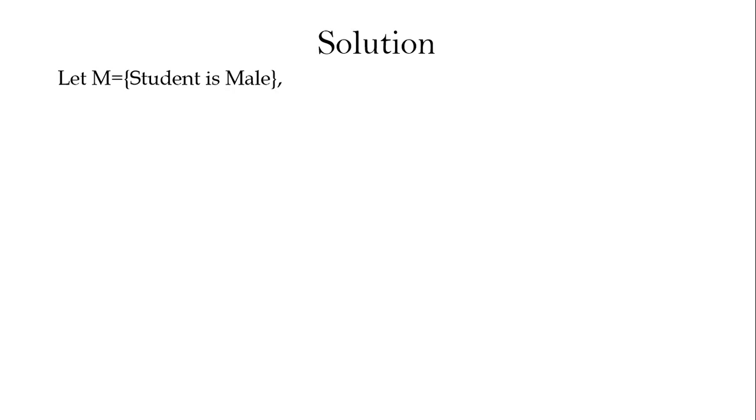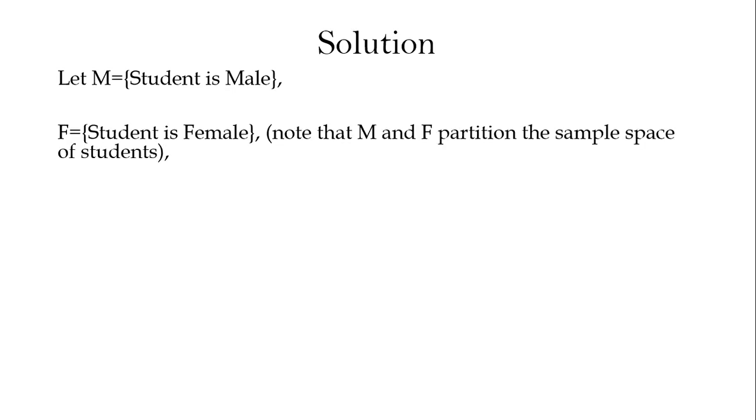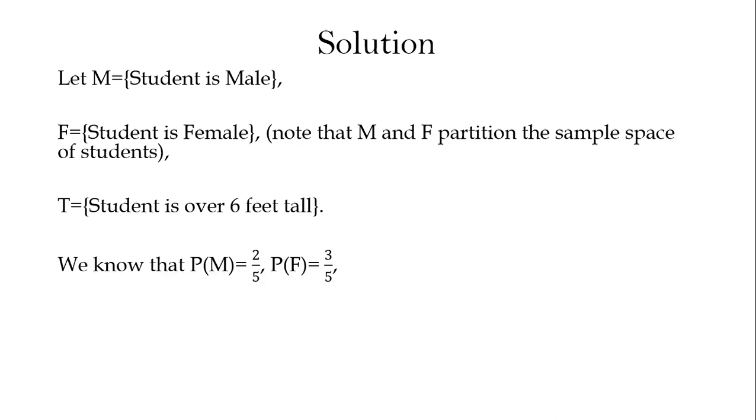So in this scenario, let M be the event that a student is male, and F will be the event that a student is female. And remember that these two events exhaust the sample space. And let T be the event that a student is over 6 feet tall.